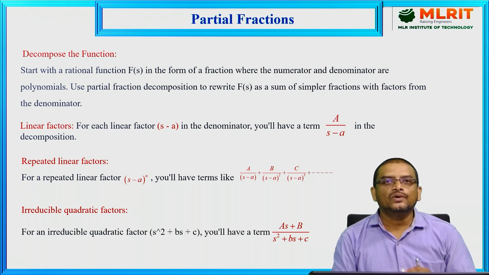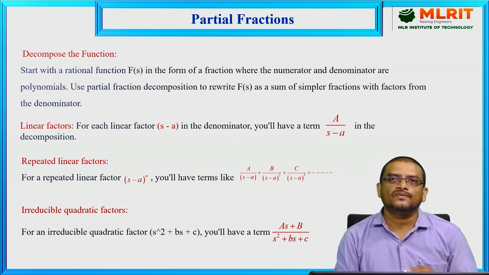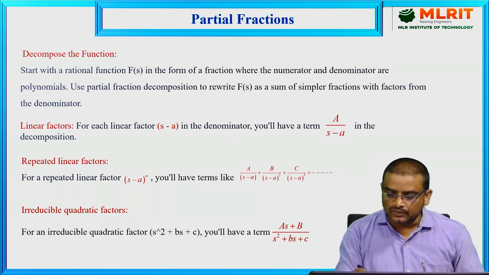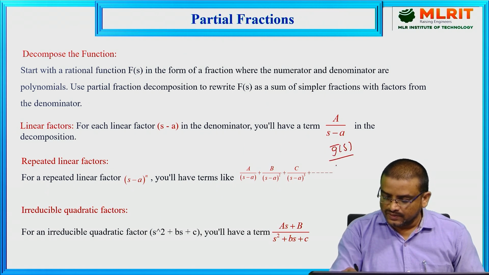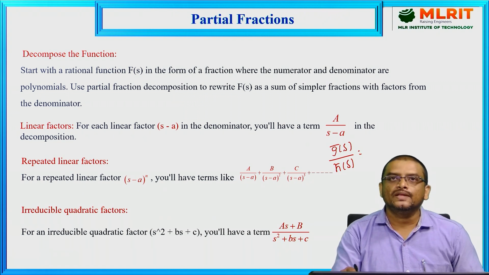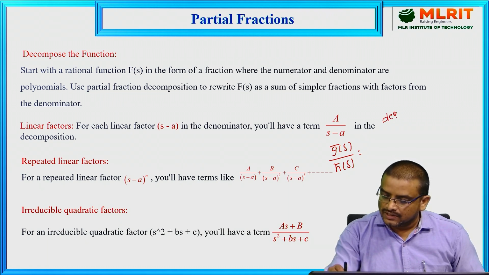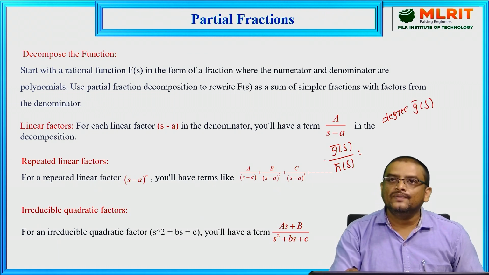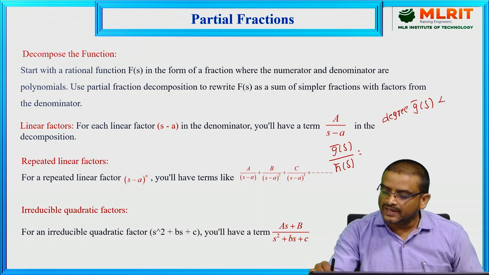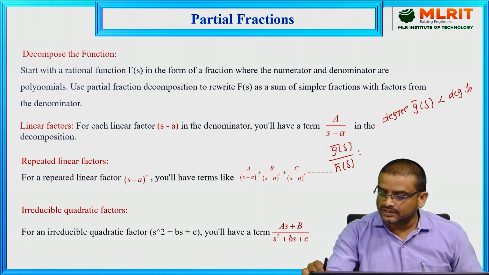And now one more very important thing to apply the partial fractions is, suppose the given function is of this form g bar of s by h bar of s. So now suppose you want to apply the partial fractions for this function, the condition is the degree of g bar of s, the degree of the numerator, always must be less than the degree of the denominator, that is h bar of s.